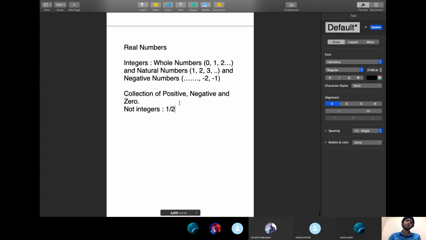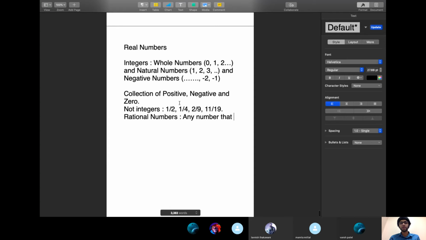So these numbers are called rational numbers. Like half, 1/4, 2 by 9, 11 by 19. These are all called rational numbers. So how do we define rational numbers?